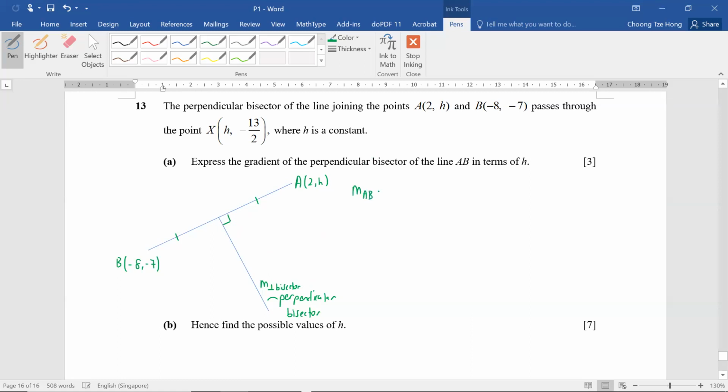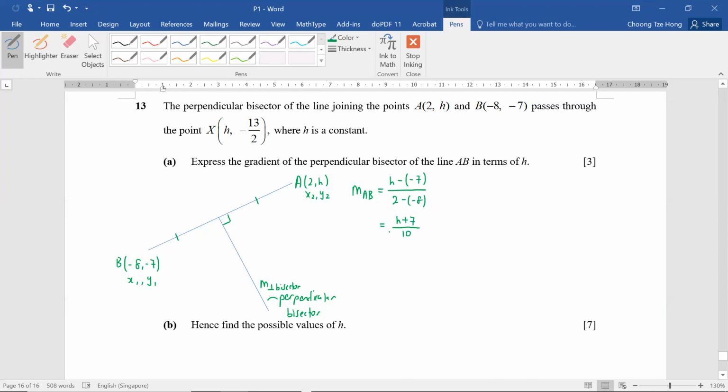We use y2 minus y1 over x2 minus x1. I'm going to use this one as x2, y2, and this as x1, y1. So h minus -7, remember always y on top, over 2 minus -8. That gives us h plus 7 over 10.